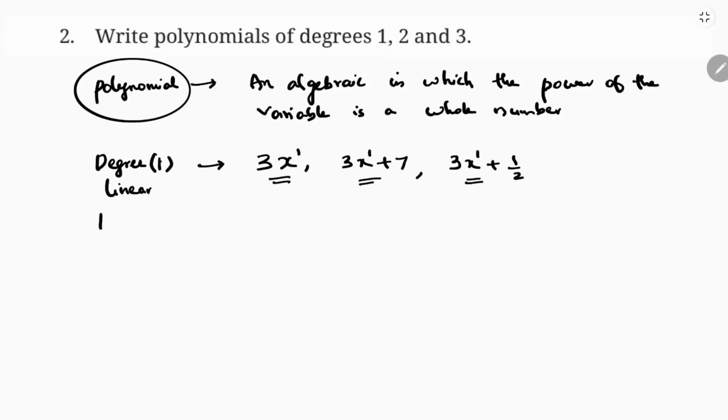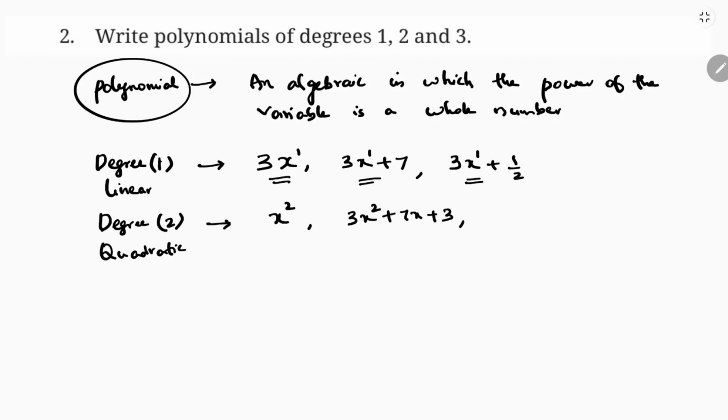Next, degree 2. Degree 2, we call it quadratic. You can write a simple one like x square if you want. Next, if you want, you can write 3x square plus 7x plus 3. This is another example.